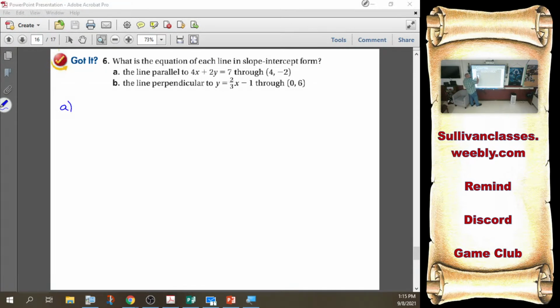Okay, part A. Wait a second, what's the slope? 4x. It ain't 4. Is that in slope-intercept form? I told you to put it in one.